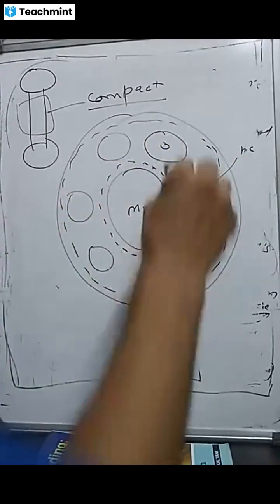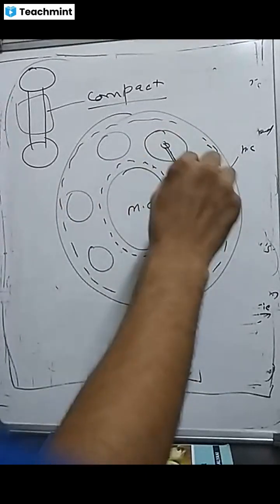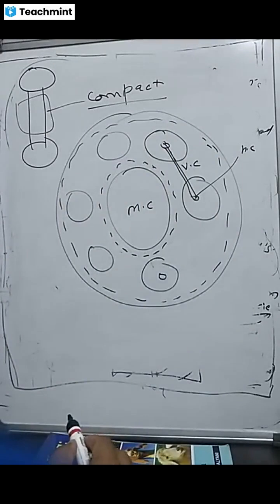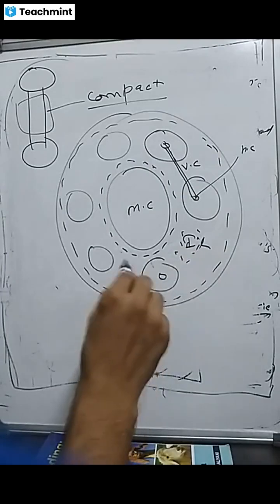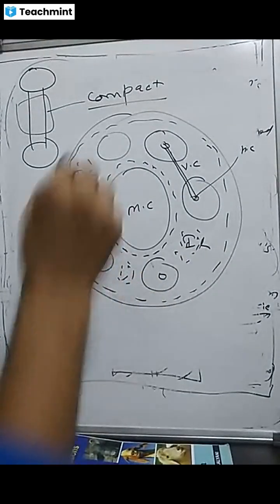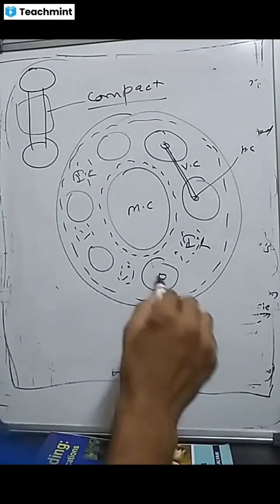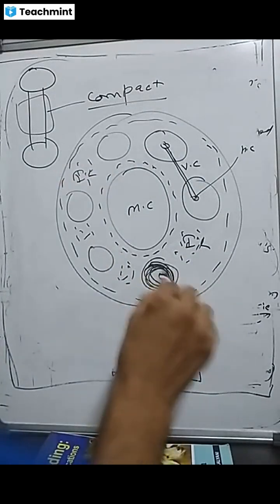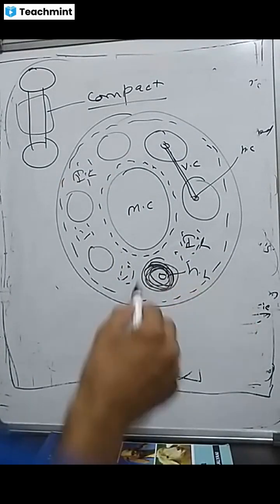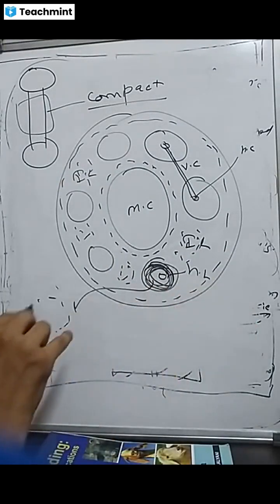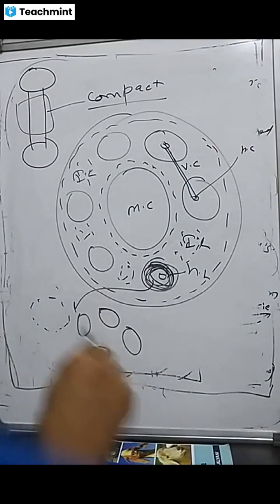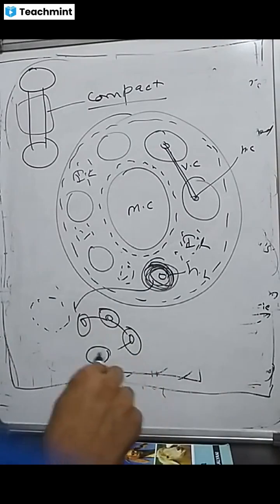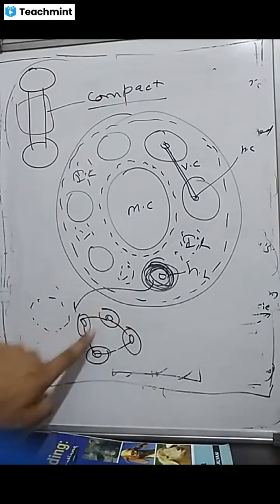The two Haversian canals are also connected like this by canals. In between, these are interstitial lamellae. These are Haversian lamellae. Each lamella consists of osteocytes talking with each other through these canaliculi.